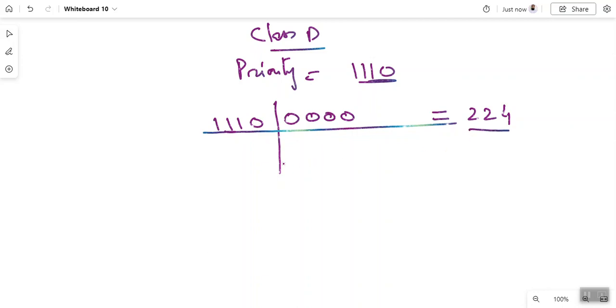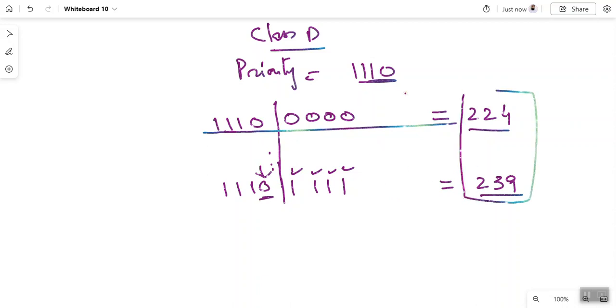When all other bits are ones, subtract 16 and that gives you 239. Or add 128 plus 64 plus 32 plus 8, 4, 2 and 1, and you get 239. This is the class D range of IP addresses.